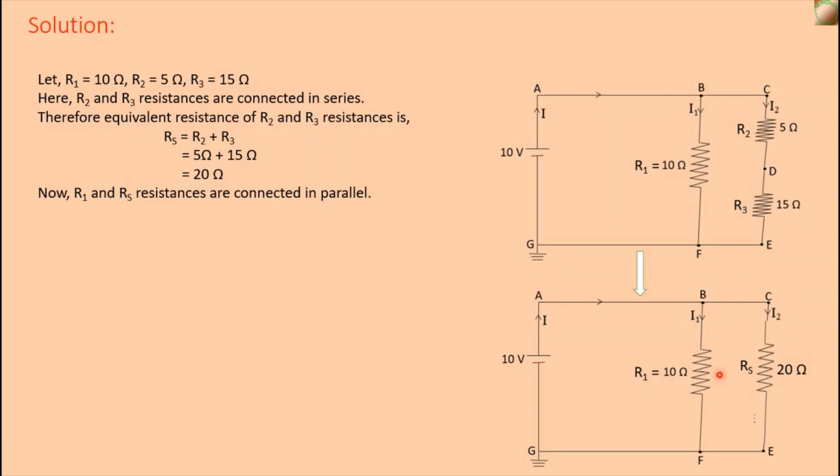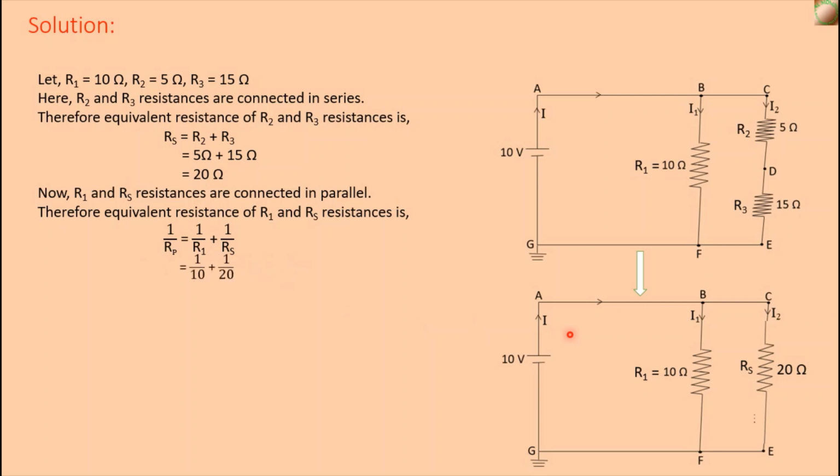Now the equivalent resistance of these two resistances is given by 1 by Rp is equal to 1 by R1 plus 1 by Rs. Here P stands for parallel combination, so Rp is the equivalent resistance in parallel combination. We have to determine the value of Rp.